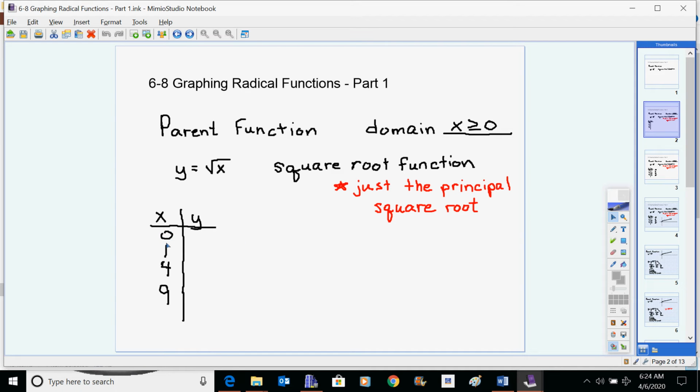If you'll notice, I very carefully chose my x values. Anytime you're making a set of ordered pairs to get an idea of what the graph looks like, you can choose any numbers you want. But I strategically chose these because I was thinking ahead about the square root.